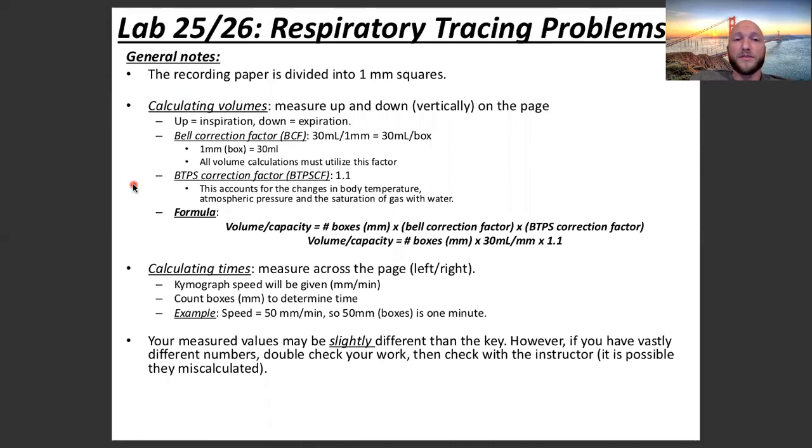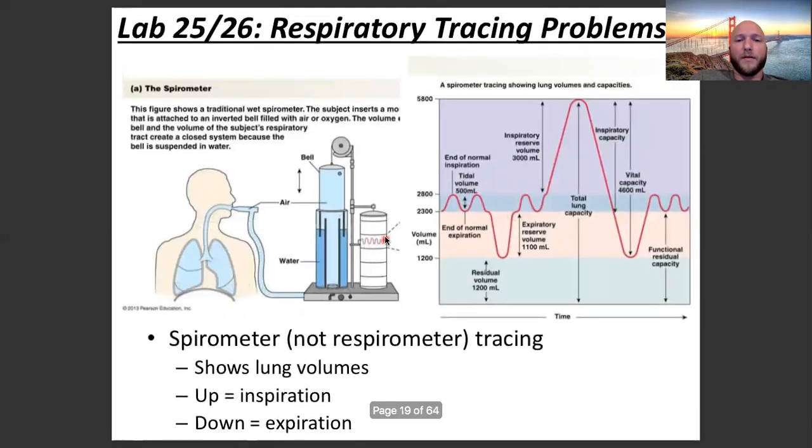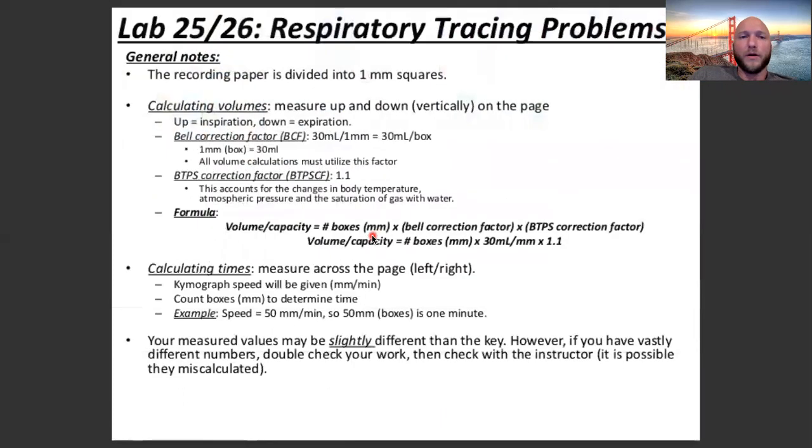So general notes, this recording paper on this part right here is actually a grid paper, and it's going to have squares that are 1 millimeter squares. When calculating volumes, measure up and down vertically on the page.